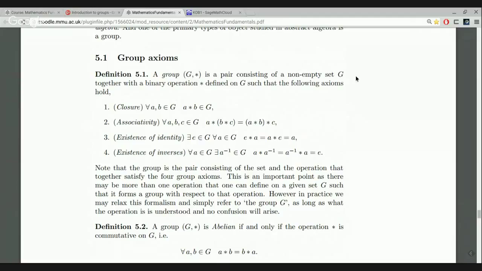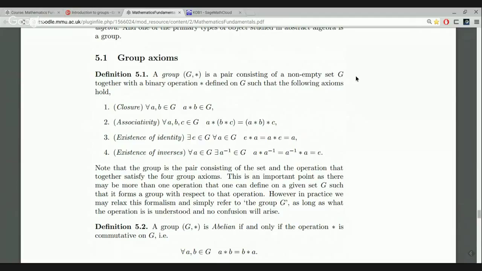So for the rest of the lecture, we're going to talk more specifically. We're going to look at specific examples of types of groups and refer back to these properties a number of times and show where they crop up and so on. Okay?